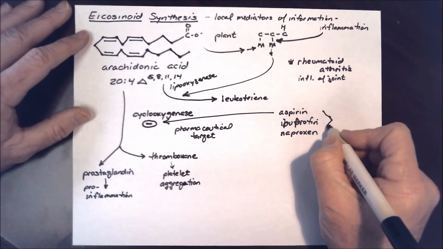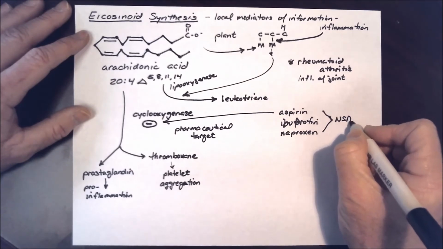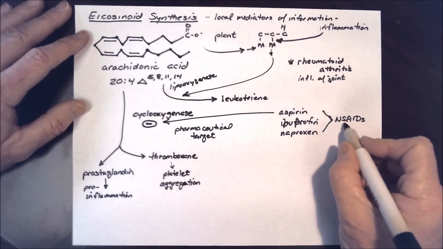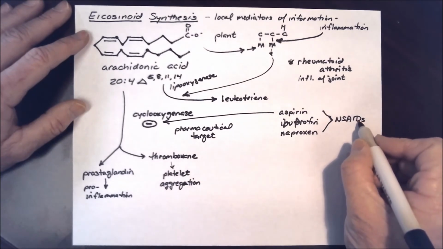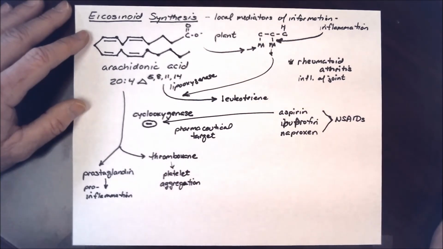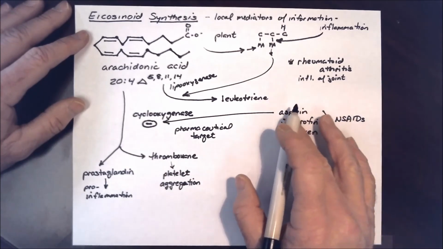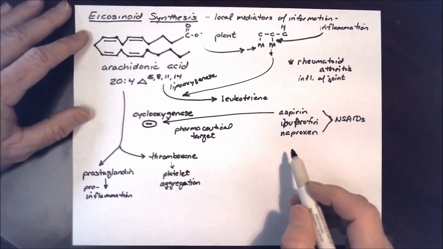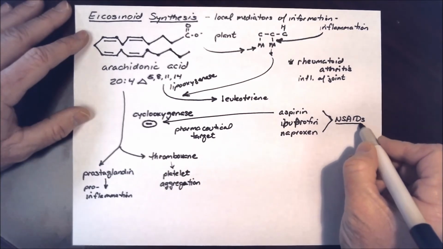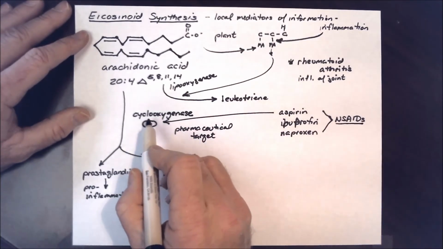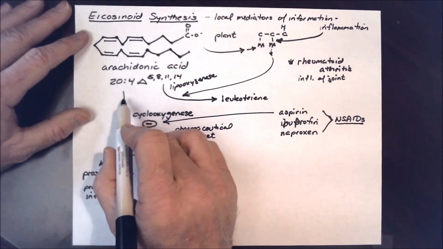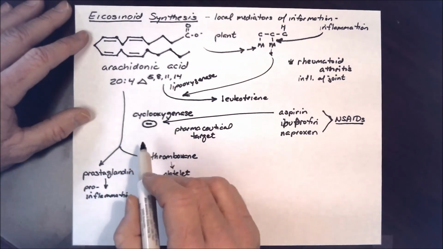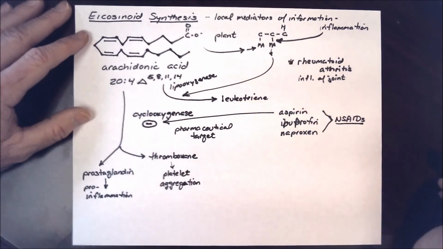These are all part of the class of drugs called NSAIDs, non-steroidal anti-inflammatory drugs. These are very powerful agents in those that are having problems with rheumatoid arthritis. If they take any one of these agents, they inhibit cyclooxygenase, prevent the conversion into prostaglandin, and reduce inflammation in rheumatoid arthritis.